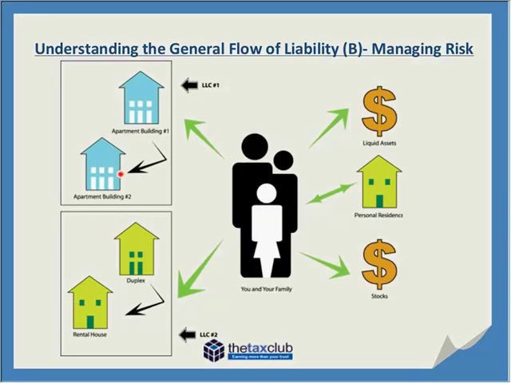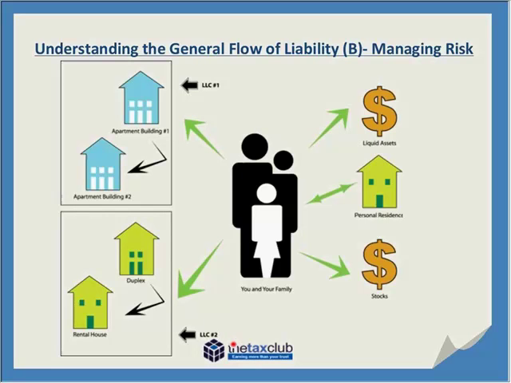So here are some basic examples of how the risk can be managed and how liability can be prevented from reaching other parts of your assets. If Bob was to set up a business entity, now in this example it says LLC number 1 and LLC number 2, just realize that it really signifies any business entity.